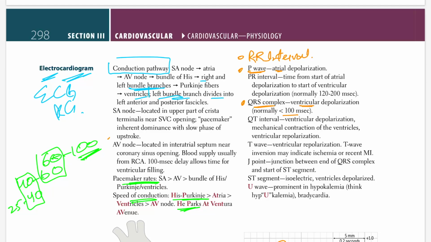After this point, the fourth point is two things: we look at the PR and the QT intervals. So what do we look at in the PR? What is PR? It is the time from the start of atrial depolarization to the start of ventricular depolarization, right here.